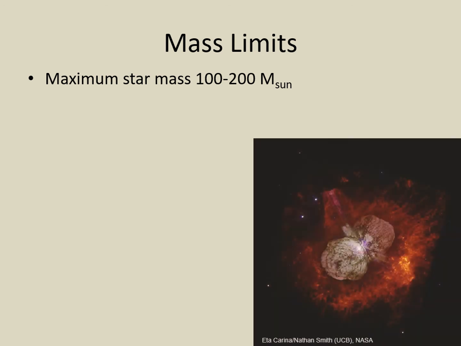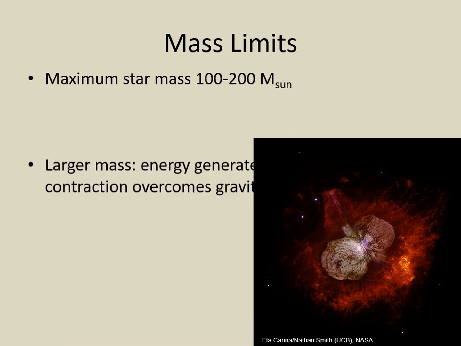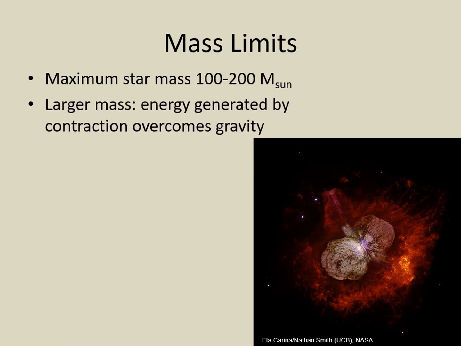The few high-mass stars that we see like this are very unstable and tend to have explosive eruptions from their surfaces from time to time, like Eta Carinae shown here. Anything bigger, and the star would simply blow itself apart before it formed.